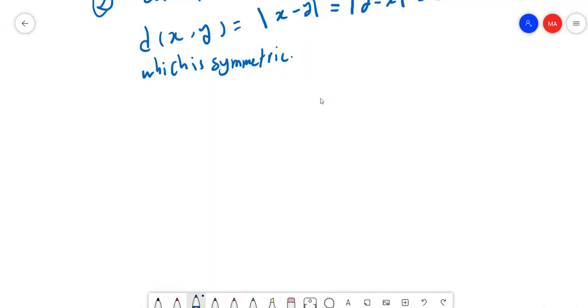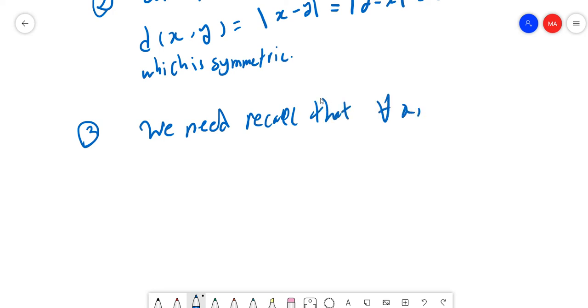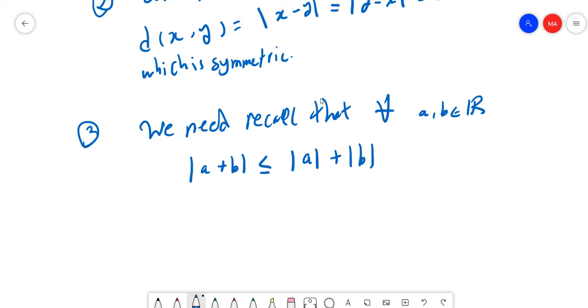The third condition. Before we prove the third condition, we need to recall that for any a and b in R, the absolute value of a plus b is less than or equal to the absolute value of a plus the absolute value of b.